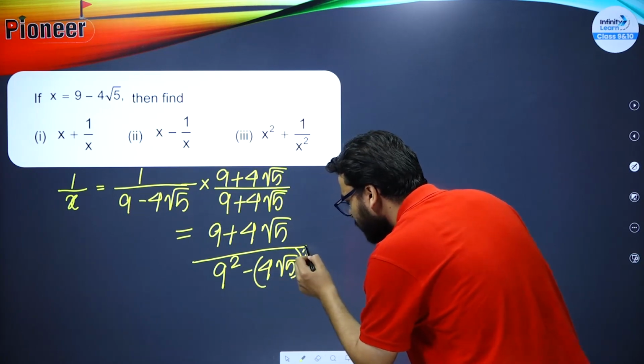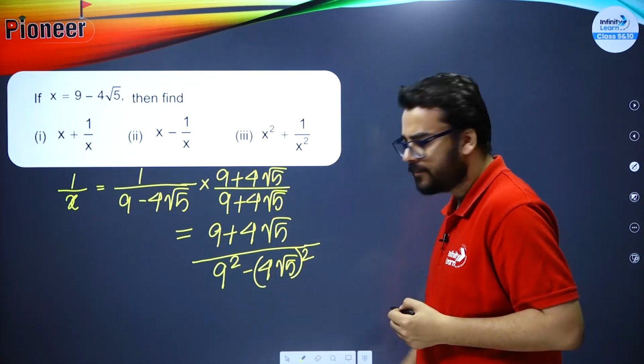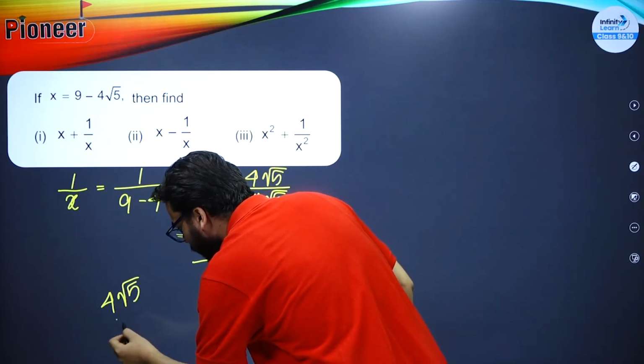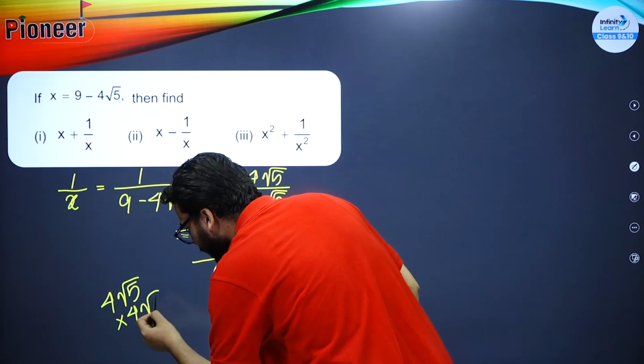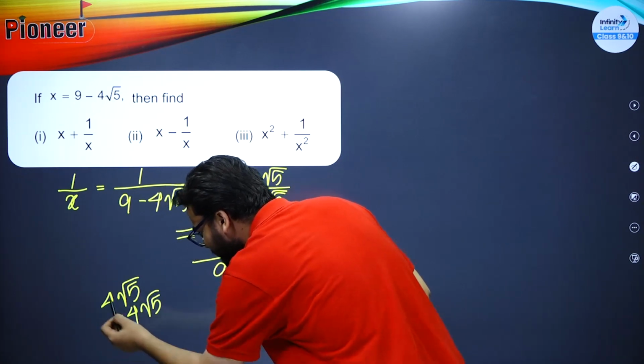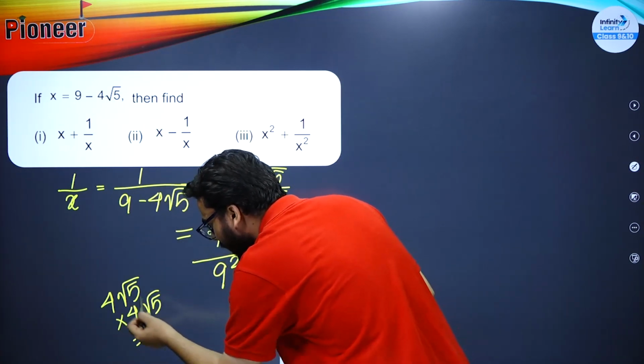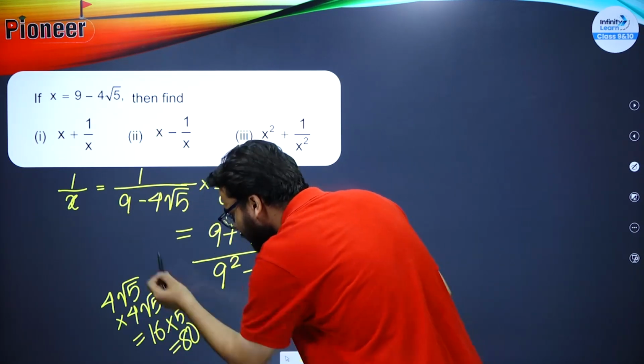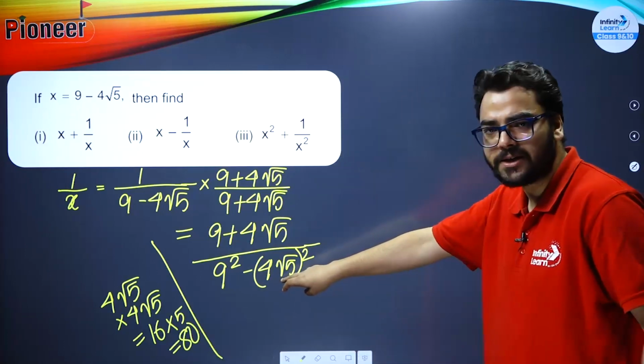Now you see 9 square is nothing but 81 only. But 4 root 5 the whole square is what, guys? That is 4 root 5 into 4 root 5, correct? So you see 4 4s are 16 and root 5 into root 5 is 5 only, correct? That we have studied today itself. So basically this thing is 80 over here.